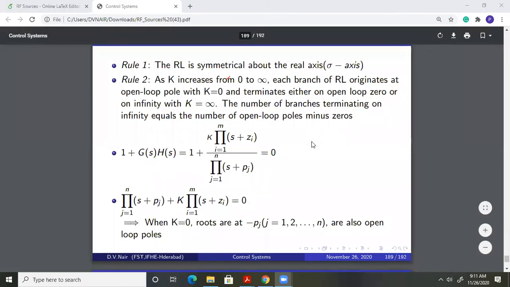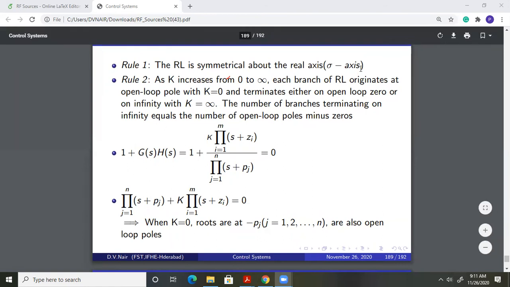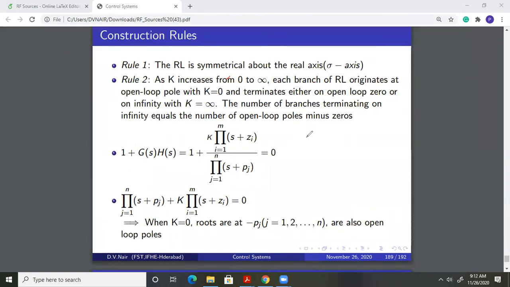Let us look formally now into the set of rules developed by Evans which help us construct the root locus for a given control system with the help of its open loop transfer function. Now, rule 1 states that the root locus is symmetrical about the real axis.